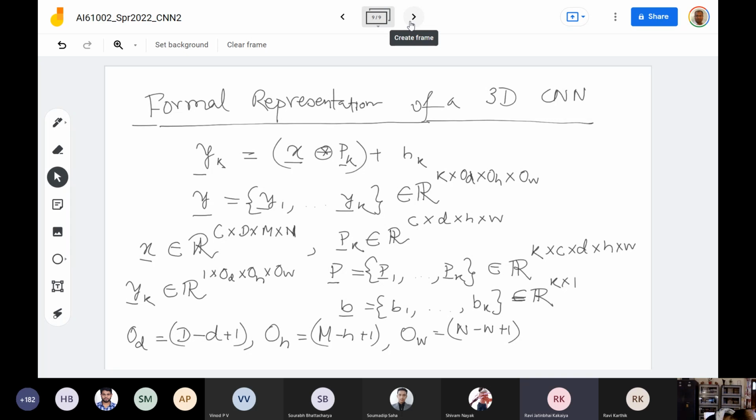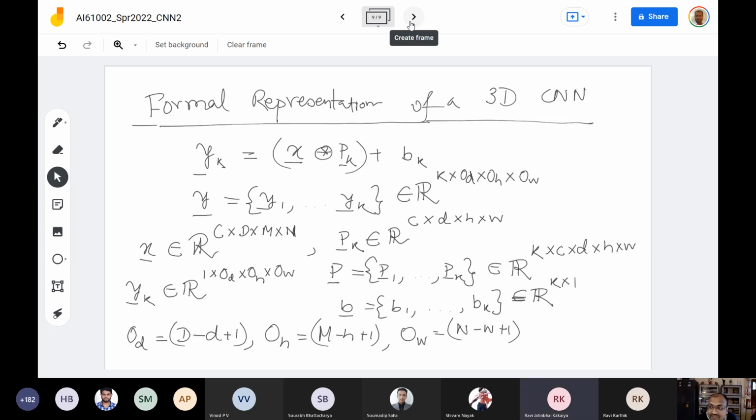Hello. Yes, sir. So most of the things are clear. So, like here, can we say that the input is 4-dimensional? So we can assume that it is of color images, right, sir? Yes. So here we can assume that D is the number of channels of a particular color image. No. D is the time step. Okay.